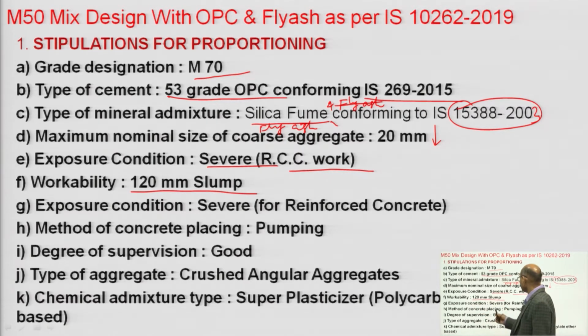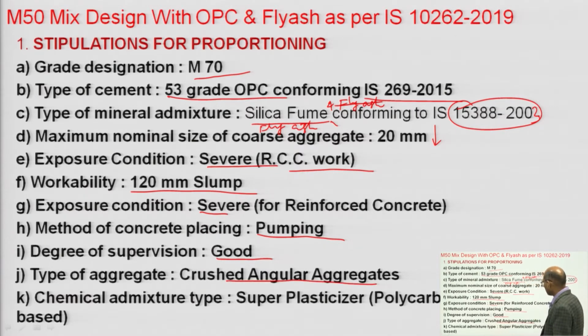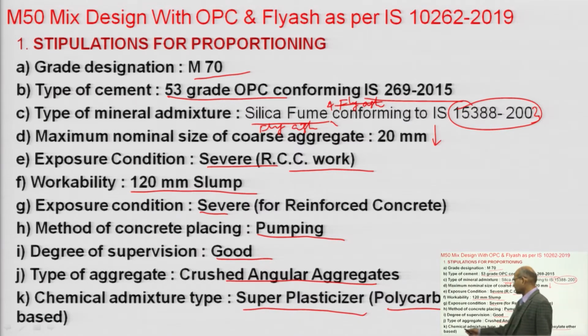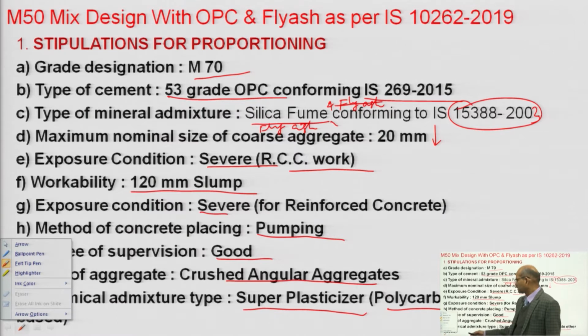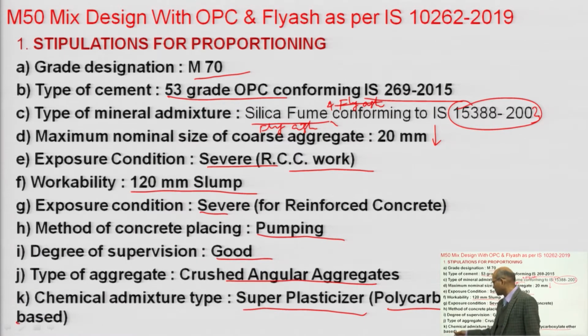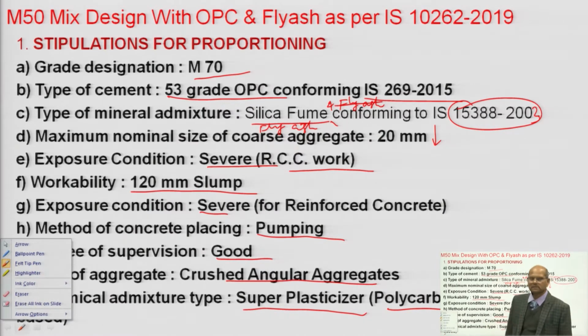Method of concrete placing is pumping, degree of supervision is good, type of aggregate is crushed angular aggregate, chemical admixture type is super plasticizer, polycarboxylate ether based. So, these are the material specifications we have got from the site.